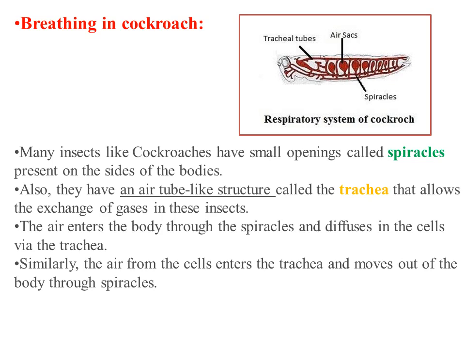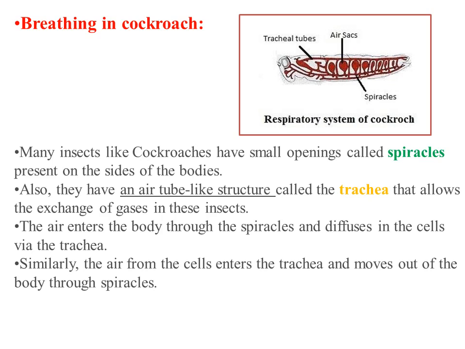Many insects like cockroach and grasshopper have small openings called spiracles present on the sides of their body. You can see in the picture where the spiracle is situated. Also, they have an air tube-like structure called trachea that allows the exchange of gases in these insects. So, this is the trachea in tube form.